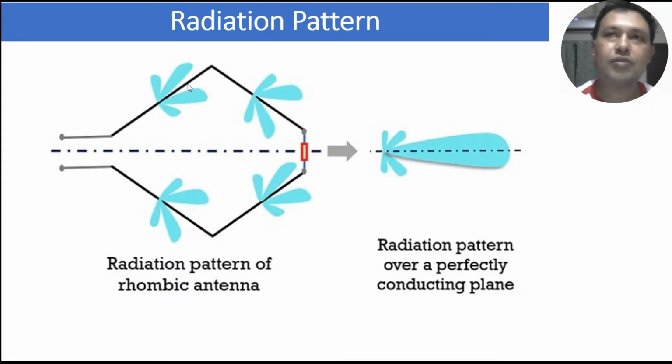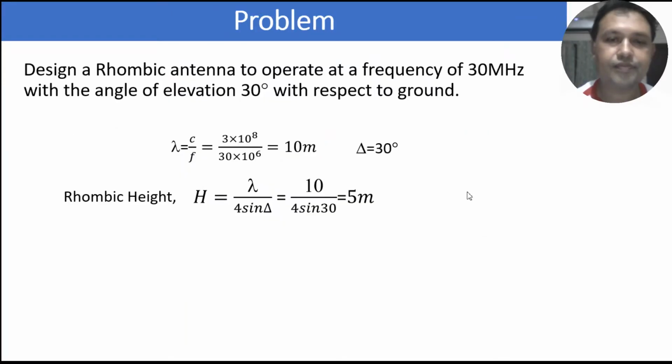If you do not understand the V-type antenna radiation pattern, think about a thin wire antenna and think about the radiation pattern. And if we sum or resultant of the four radiation pattern, we can get this radiation pattern, and this is the radiation pattern of the rhombic antenna.